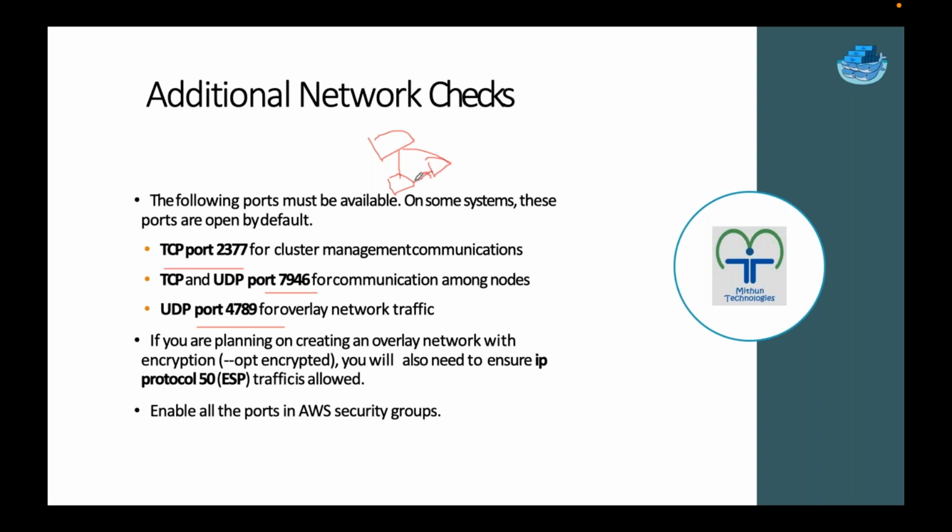So how will this communication happen? The master machine will communicate with the worker on some port. The workers also will communicate with each other on some port. If I don't open the firewall, if I don't open these ports, will the master be able to communicate with workers?